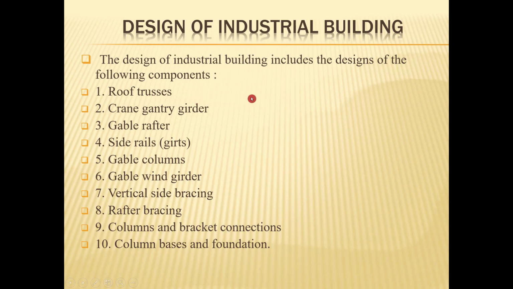The crane gantry girder has been taught in the last video. The gable rafter, side rail, gable column, gable wind, vertical side bracing, rafter bracing, column and bracket connections, column bases and foundations are the individual component designs, which we'll see in the coming slides.